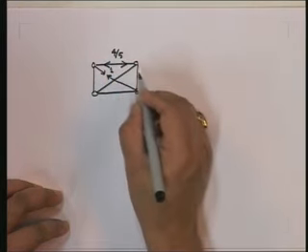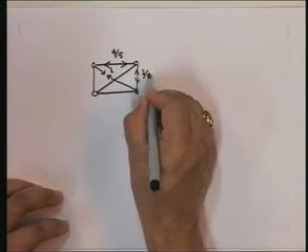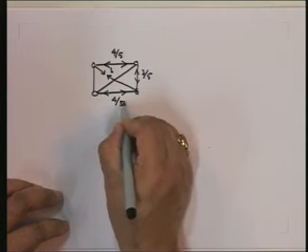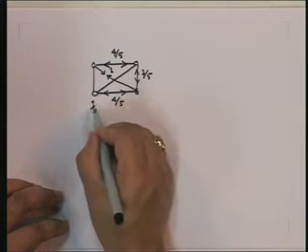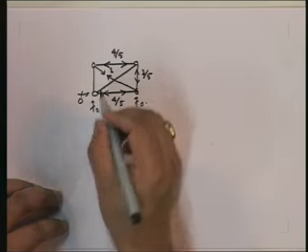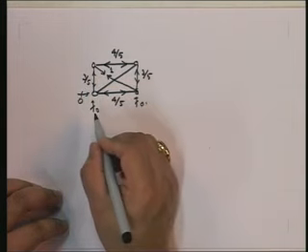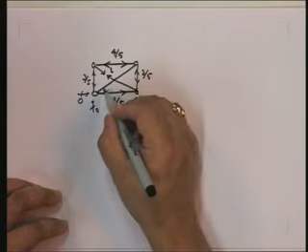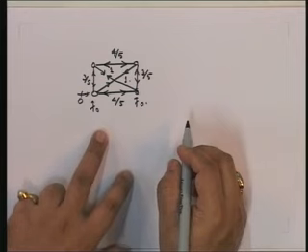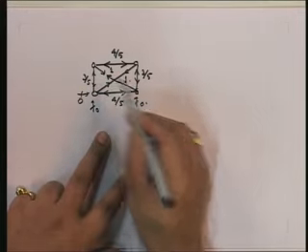So this is 4 by 5, this is 3 by 5, this is 4 by 5. All the support reactions are 0. 3 by 5, and 1. So these are the virtual forces set up due to applying this.